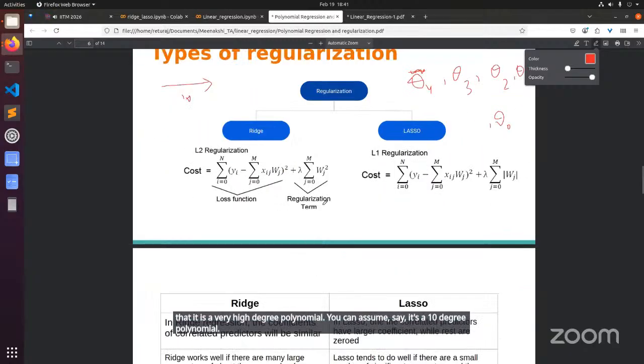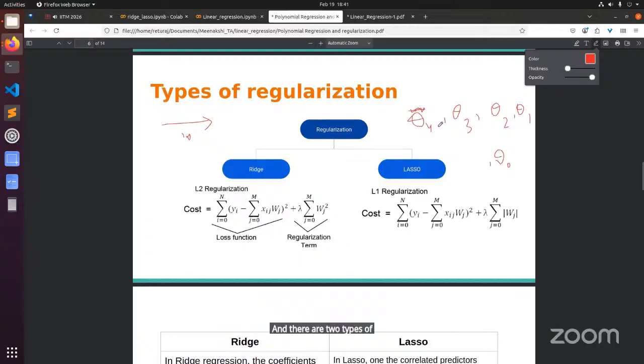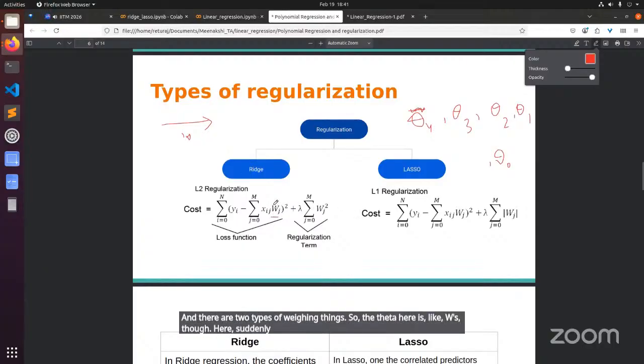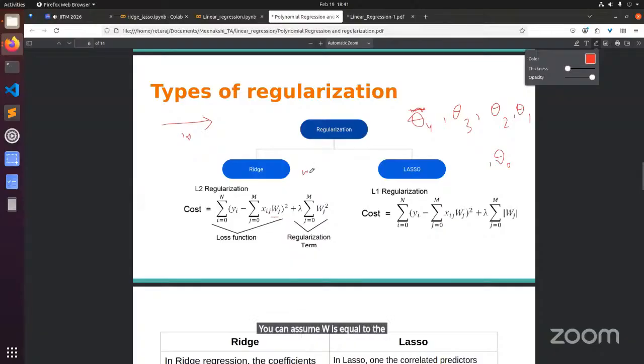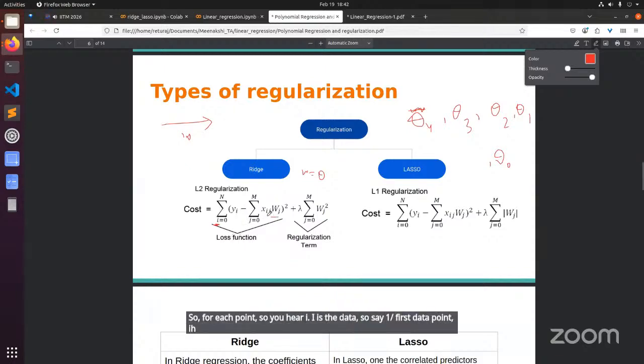And there are two types of weighing things. The theta here is like W's. Here we have suddenly used W, but it should be theta. You can assume W is equal to theta here. So for each point, I is the data, say the ith data point, and J is the order. Say you have x.